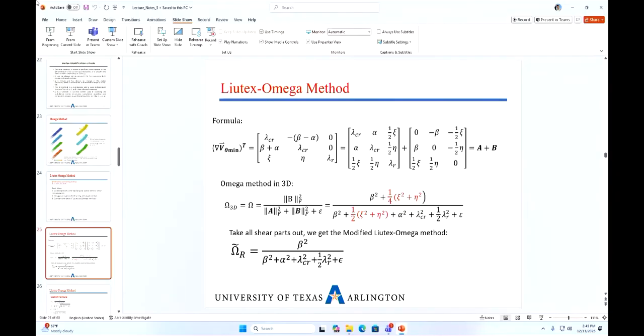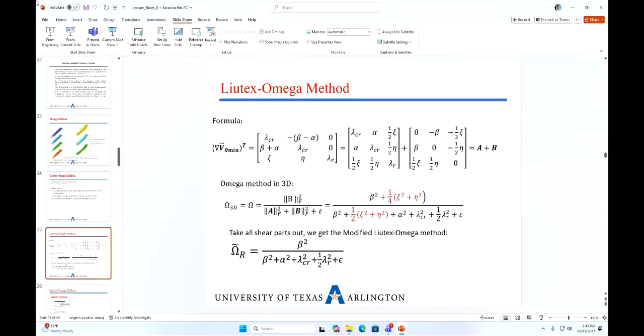So what I did, we get alpha, we get a beta, we get a Xi, we get an eta. And beta looks like the vorticity. Alpha looks like the shape, like lambda, the stretching.